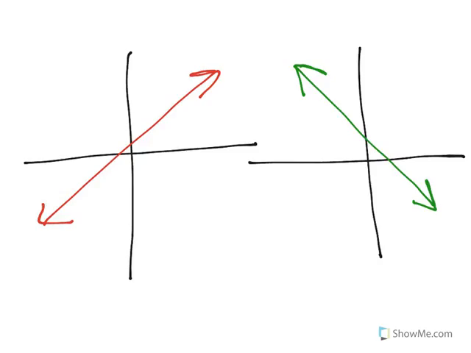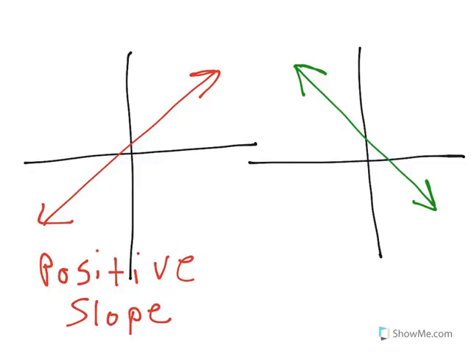When we look at our graph from left to right, if the line goes upward, that has a positive slope. When we look at our line from left to right, and the line is slanting downward, that is a negative slope.